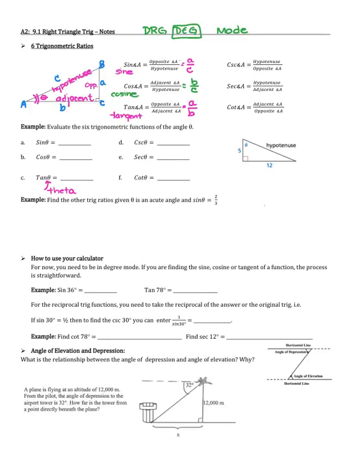So those are the three ratios that you learned last year, and you learned that nice little acronym SOHCAHTOA, which basically means sine is opposite over hypotenuse, cosine adjacent over hypotenuse, tangent opposite over adjacent. What you're going to learn this year is each of those ratios has a reciprocal ratio.